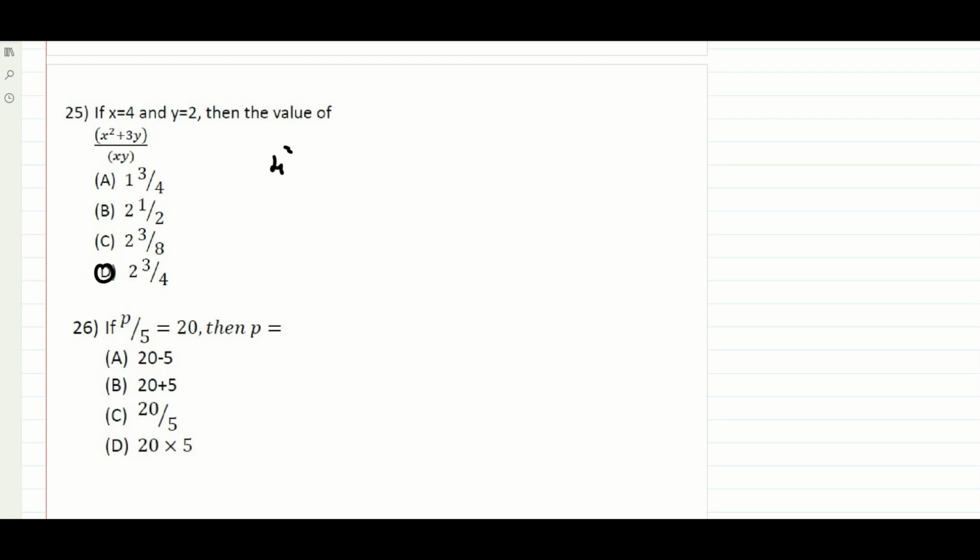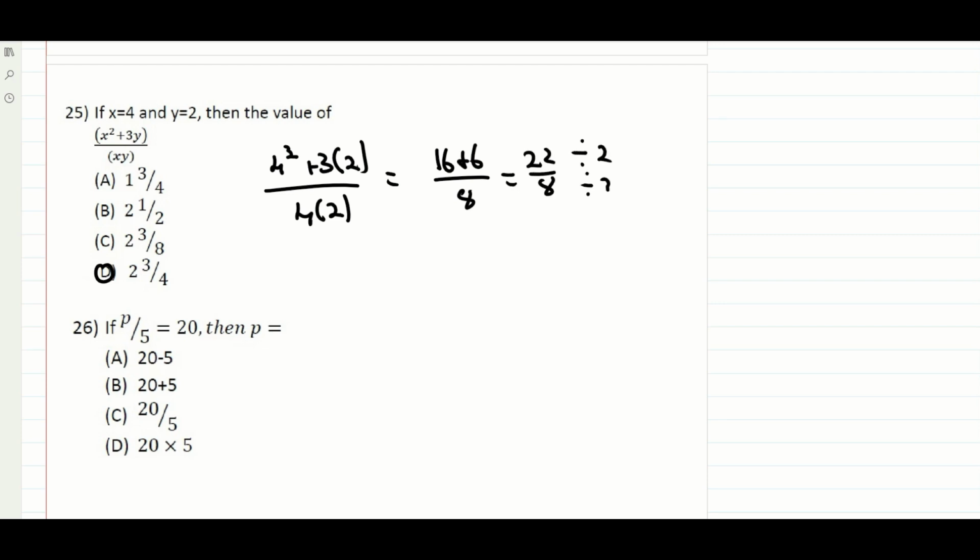This is 4 squared plus 3 by 2 all over 4 by 2. That is 16 plus 6 all over 8, which is 22 over 8, divisible by 2. So you'll get 11 over 4, which is 2 3/4.